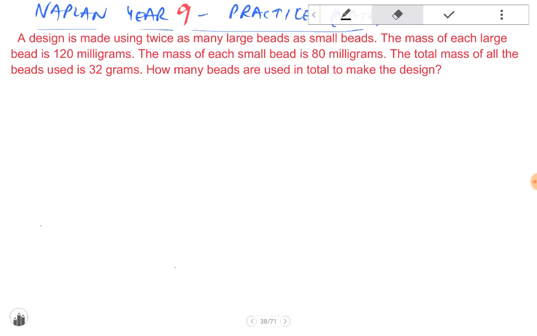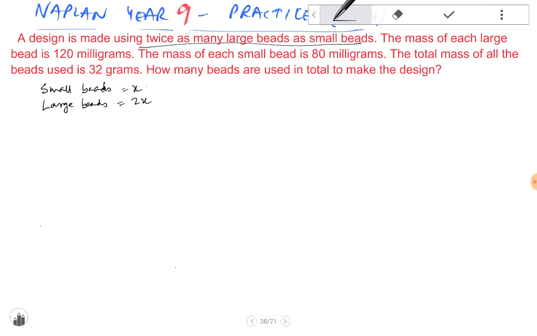So let's start by assuming that the small beads are designated by X. So we can say small beads equal X. And in that case, the number of large beads used is 2 times X, because this is what we've been told.